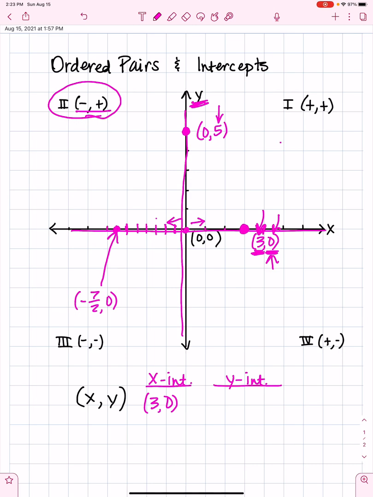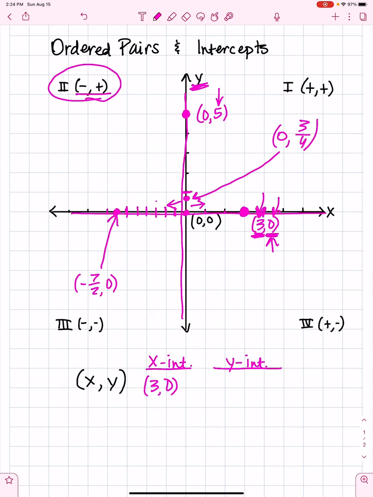Let's say I had 0, 3/4, right? So 0, don't move right or left, I move up 3/4. Well, 4/4 makes a whole, so 3/4 would be right there, roughly. Okay, that is how your intercepts work. Hopefully that wakes up your brain and helps you remember ordered pairs and intercepts.